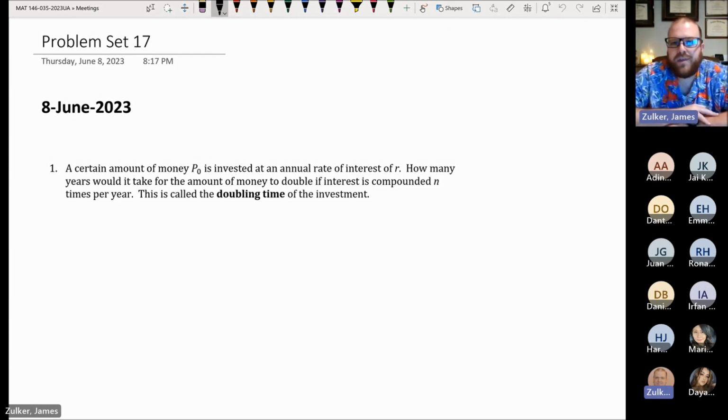Well, we start with our model, right? So it's the compound interest model.